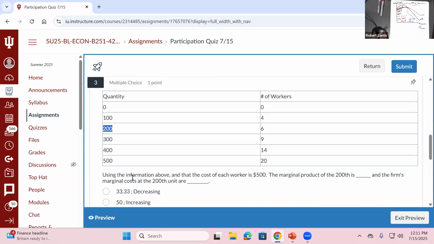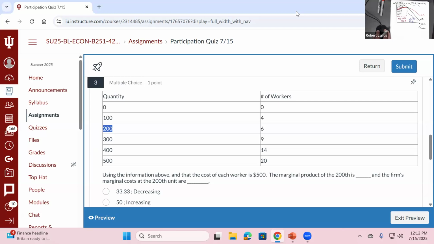Now, in terms of the marginal costs, we haven't really talked about this yet, but we've talked about the idea of the marginal product of labor increasing or decreasing, okay?